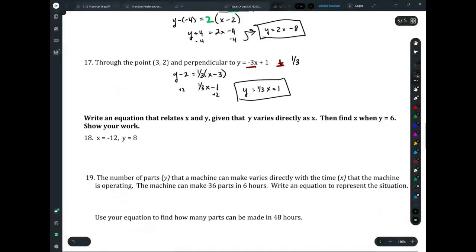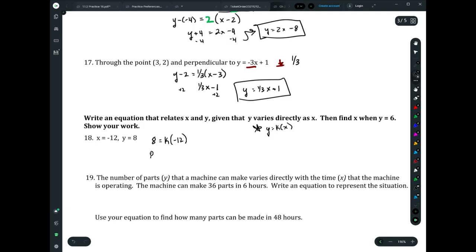Direct variation relates x and y given y varies directly as x. Anytime you see that, you want to think y is equal to k times x. Okay, and basically it's a substitution. So we have 8, that's our y value, is equal to some constant, we're actually solving for k, times -12.